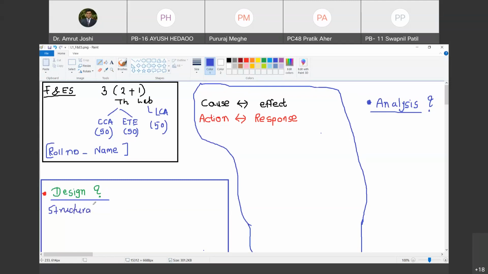Yes, go ahead, Raj. Structural design means a specific layout or something for the work to be properly carried out. Okay. So Raj says it is layout. Anything else you want to add, Raj?